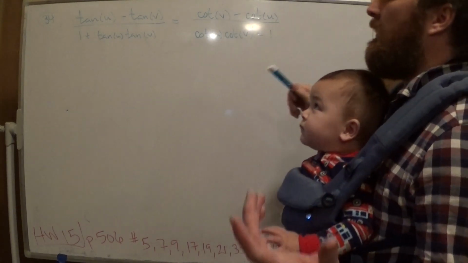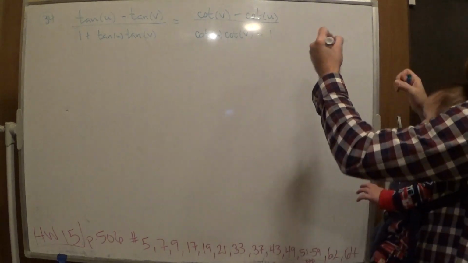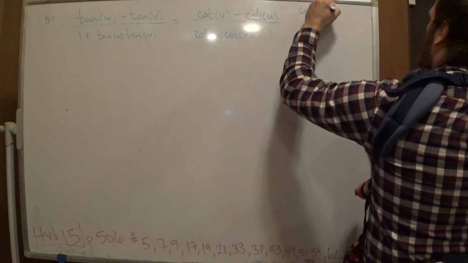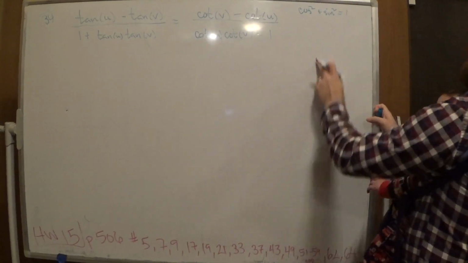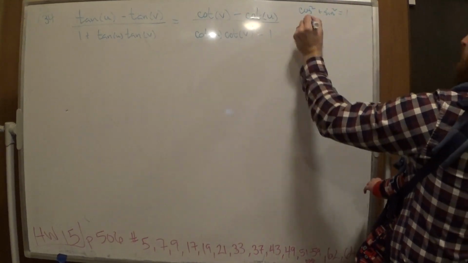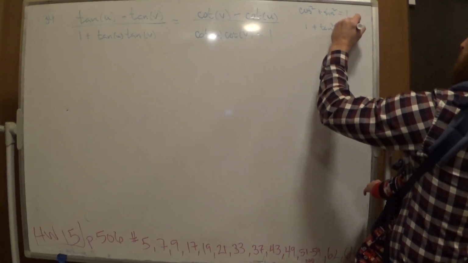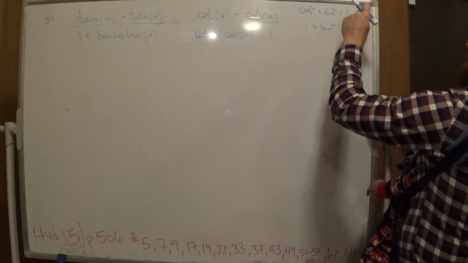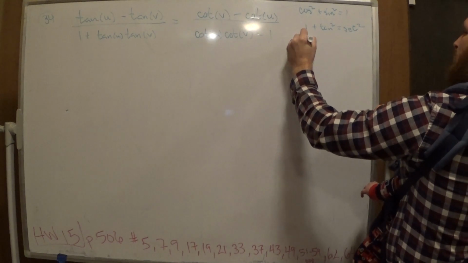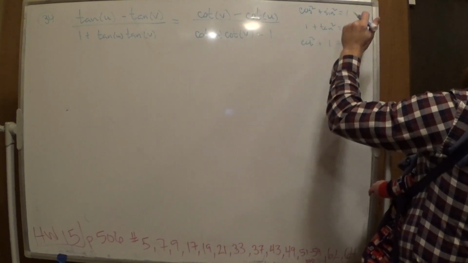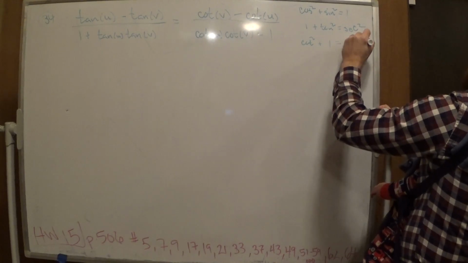Another thing you're totally going to want to remember through all of this is cosine squared plus sine squared equals 1. From that, you could divide everybody through by cosine squared, and you get 1 plus tan squared equals secant squared. Divide everybody through by sine squared, and you get 1 plus cotan squared equals cosecant squared.